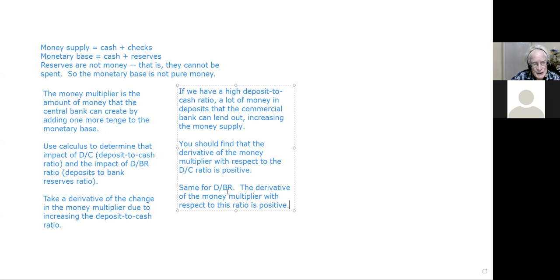However, to do this problem, we will have to show mathematically that the negatives are positive.